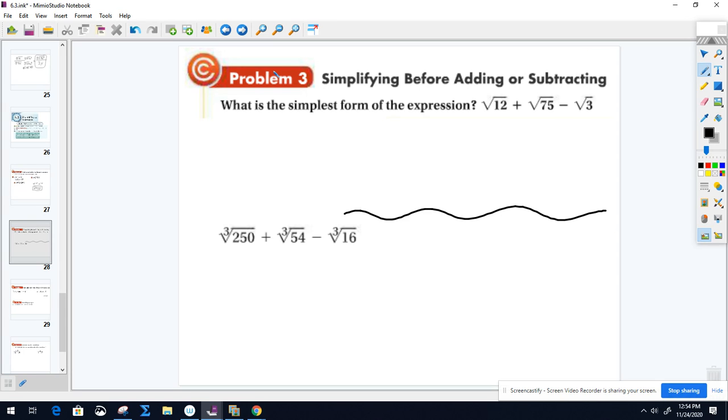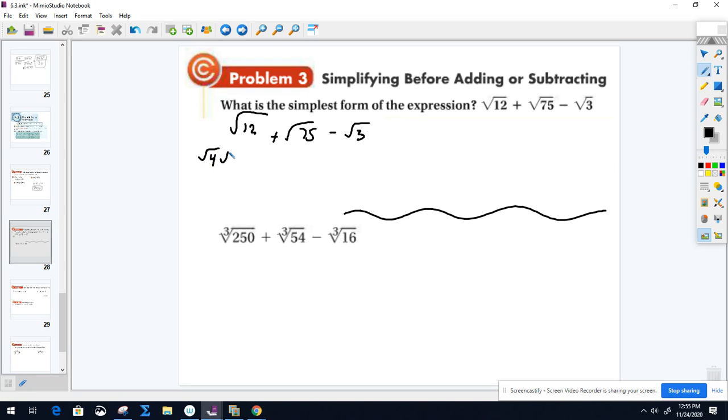Okay, so now let's take this one step further, and we have to simplify it first. We have to find a perfect square factor. So I've got the square root of 12 plus the square root of 75 minus the square root of 3. A lot of times the hint is one of these is going to have a root 3 when you simplify it.